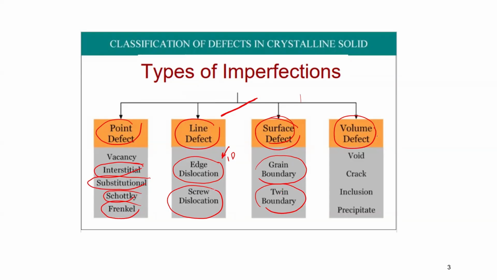Volume defects are 3-dimensional, so this will be 2-dimensional, this is 1-dimensional, this is just a point. We are not going to discuss volume defects, however in solids we can have voids, cracks, inclusions, and precipitates. You can understand it when we discuss these ones.